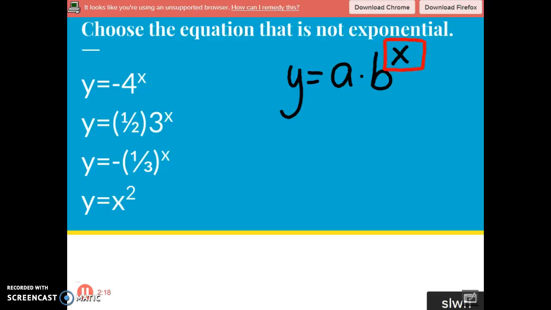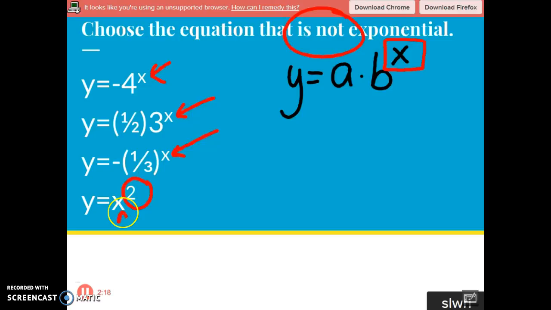So since we have the x, it is an exponential equation. However, this equation here has an exponent of x, so it is exponential. The question is asking for something that is not exponential. This one has an exponent of x, so that is exponential. This one has an exponent of x, and that is exponential.